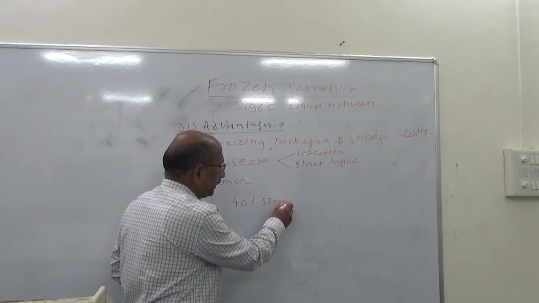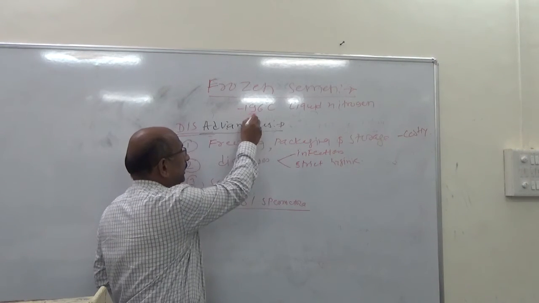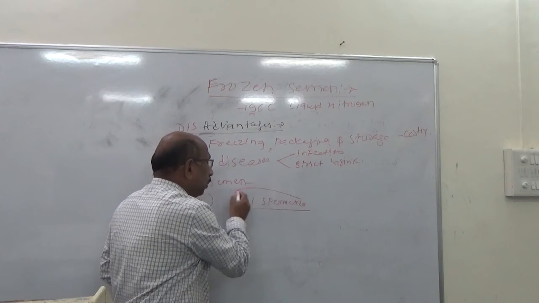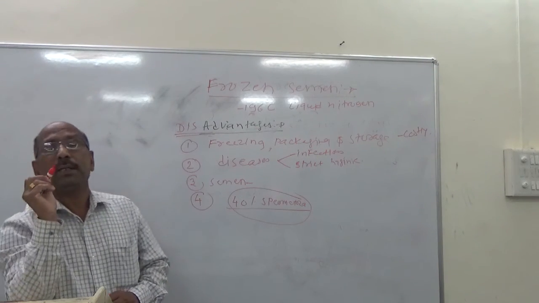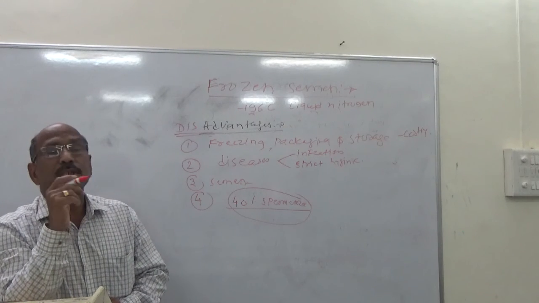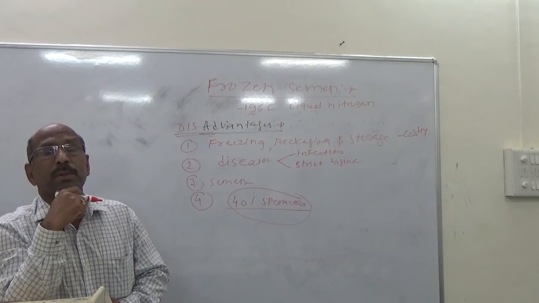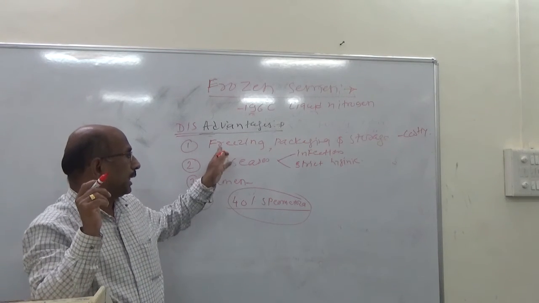This is a major disadvantage, because of the minus 196 degrees centigrade. Since 40% of spermatozoa are killed, it is necessary to deposit more spermatozoa per insemination.